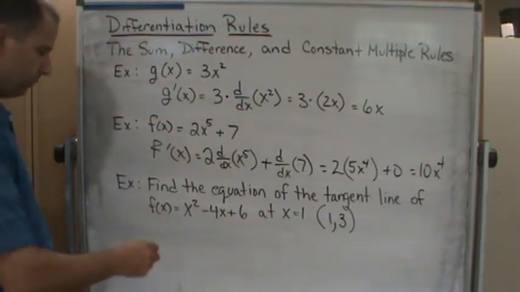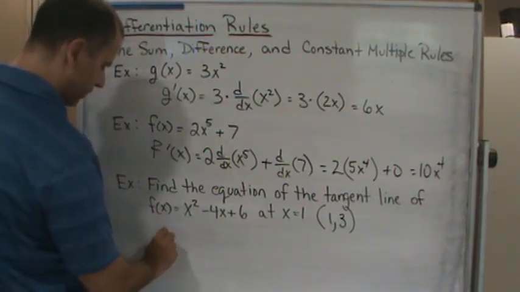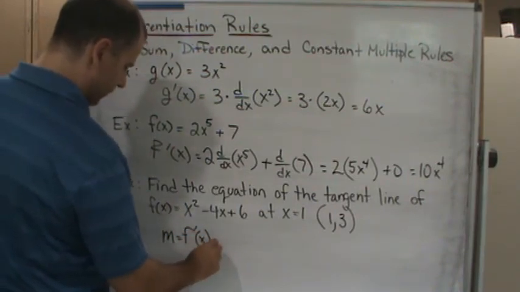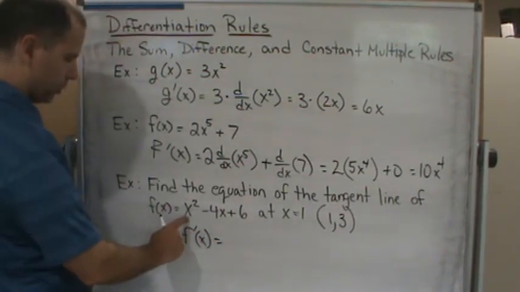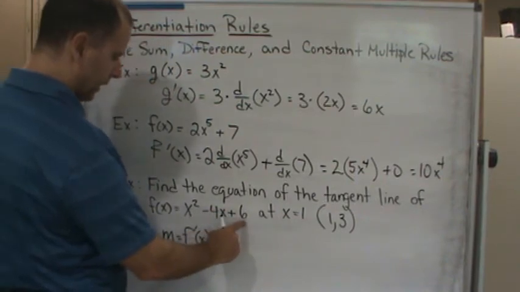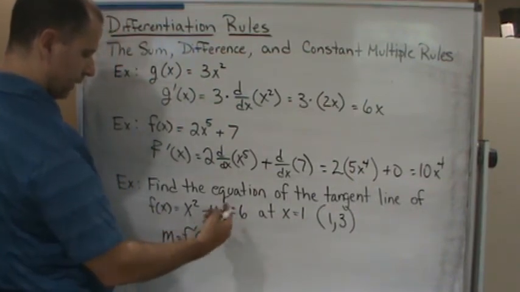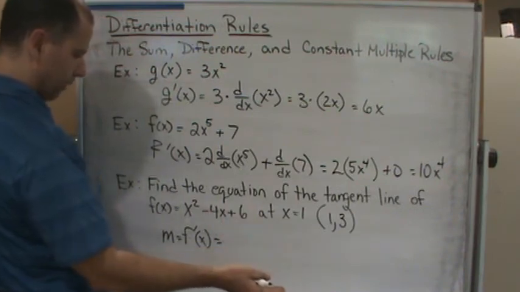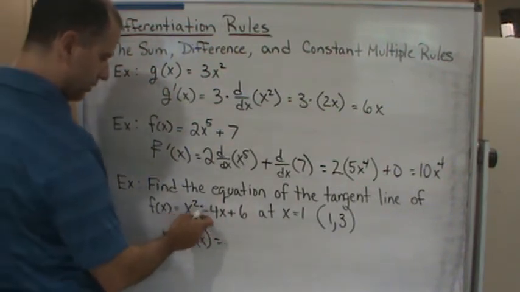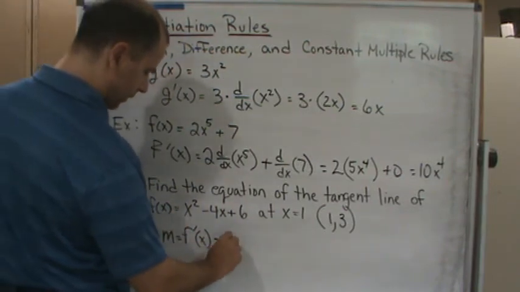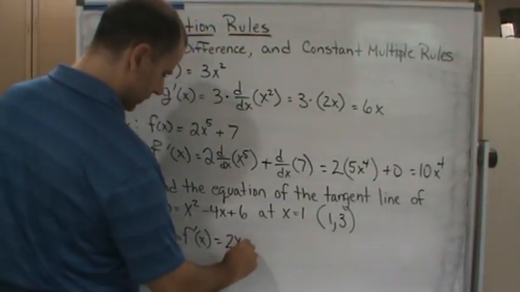Now what's the slope? Oh, this is easy now. The slope, which equals f prime of x, equals, now all I'm going to do is apply the differentiation rules for sums, constant multiples, powers, right? So I'm going to do this term by term. So what's the derivative of x squared? 2x.